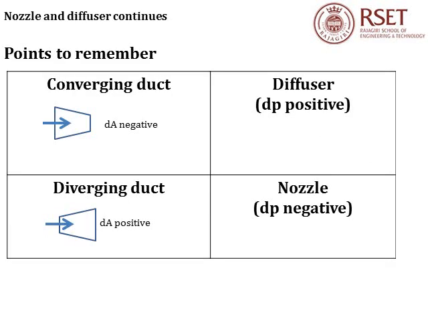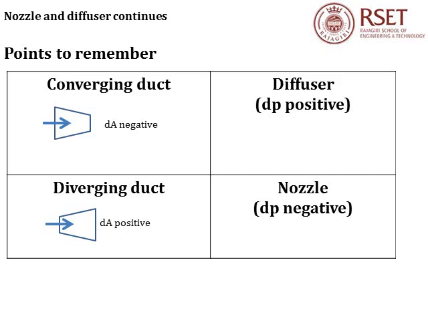Some points to keep in mind to understand how a variable area duct behaves as a nozzle or as a diffuser. For a converging duct, as the flow progresses, it experiences a reducing area.